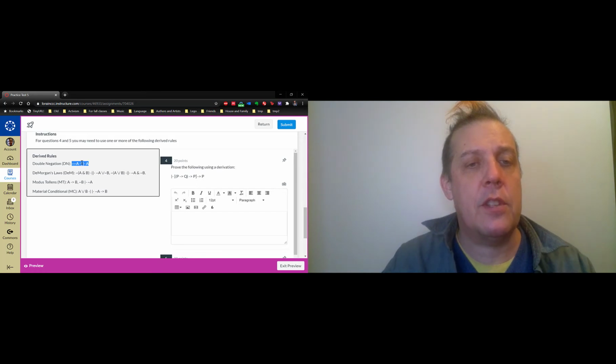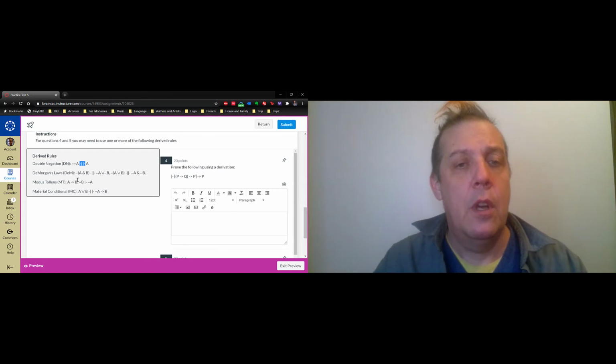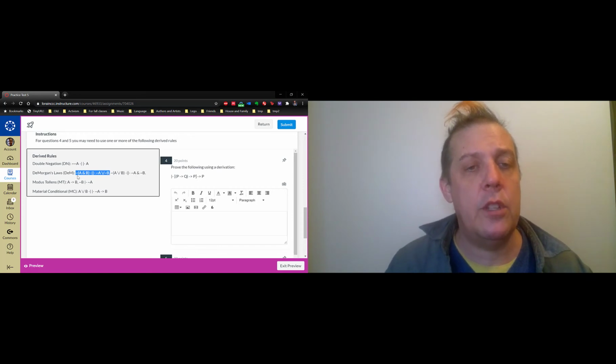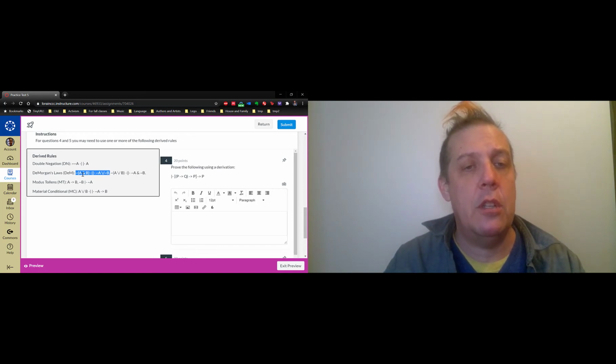And this goes both directions, as you can see, because it's got the double turnstile facing 2 directions. De Morgan's laws comes in 2 forms, and they're both equivalences, right? De Morgan's law says essentially that when you distribute a negation over an and, it becomes an or.